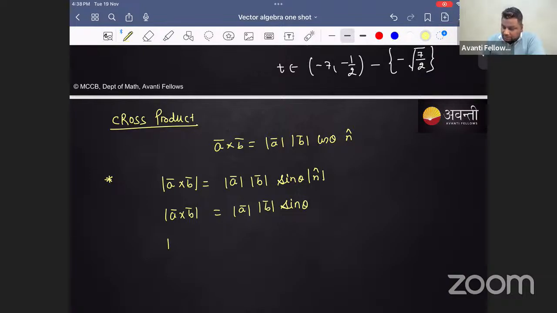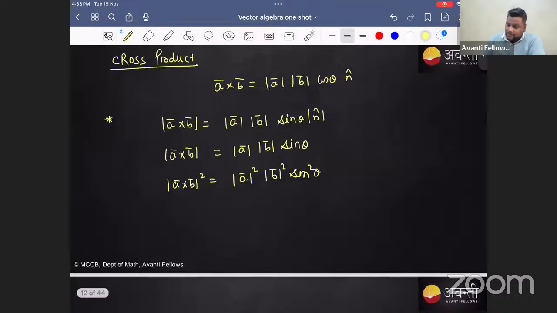So magnitude of A cross B square is magnitude A square, magnitude B square, sine square theta, and sine square theta is 1 minus cos square theta.